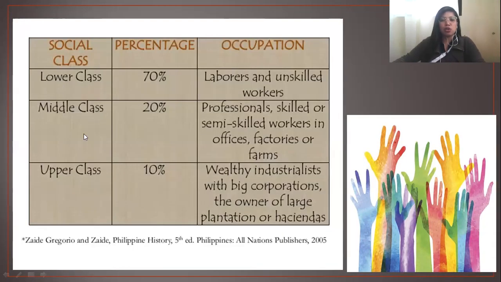For the lower class at 70%, the occupations are laborers and unskilled workers. The middle class, at 20%, are professionals and skilled or semi-skilled workers in offices, factories, or farms. The upper class, at 10%, are wealthy industrialists with big corporations and owners of large plantations or haciendas.